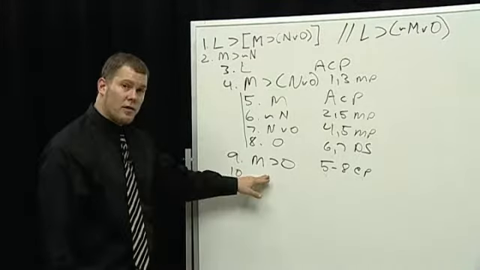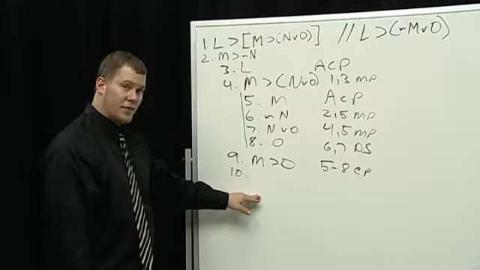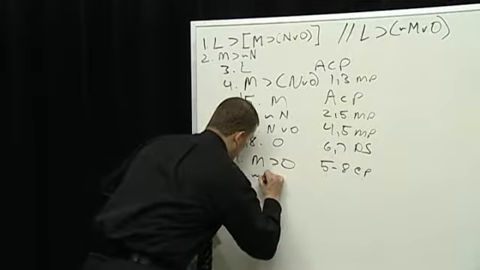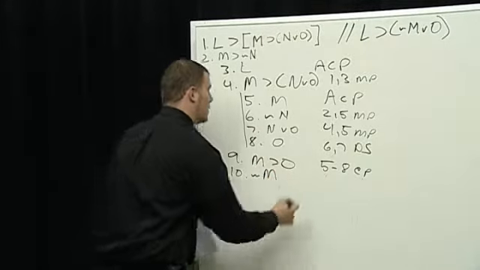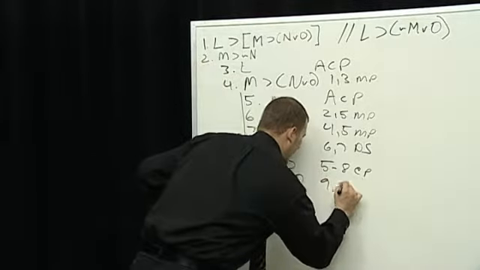Now then, we can use one of our handy-dandy rules of replacement here called implication. We can use implication to convert a conditional statement into a disjunctive statement. So through implication, I can get not M or O from line 9.